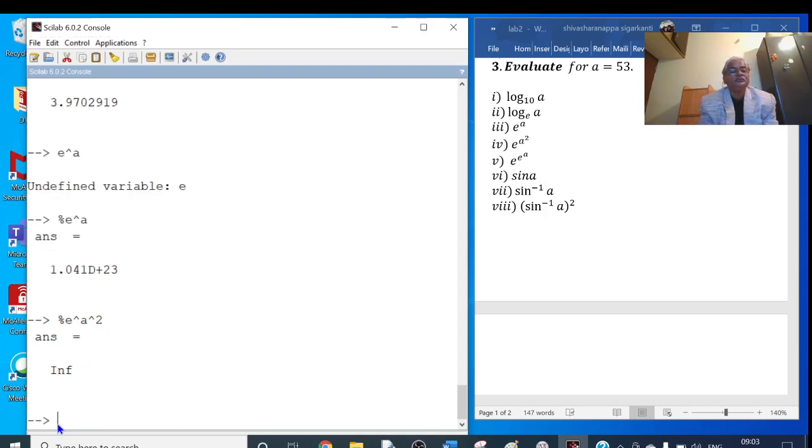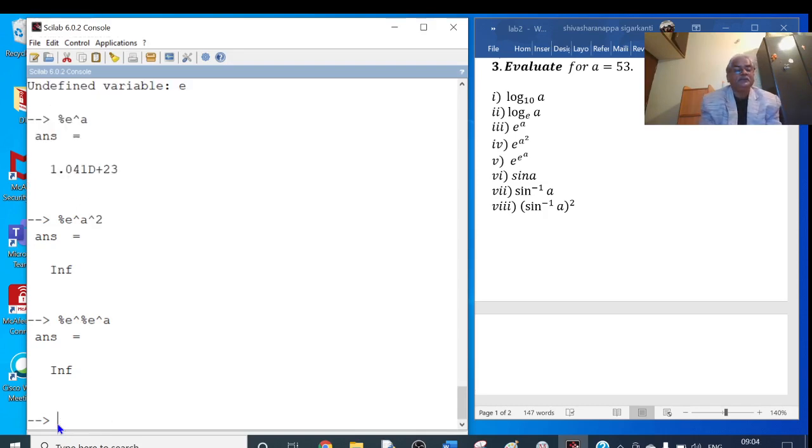Enter. So this is equal to infinity. Next, e to the power of e to the power of a, that is %e to the power of %e to the power of a. Press enter button. This is also infinity.